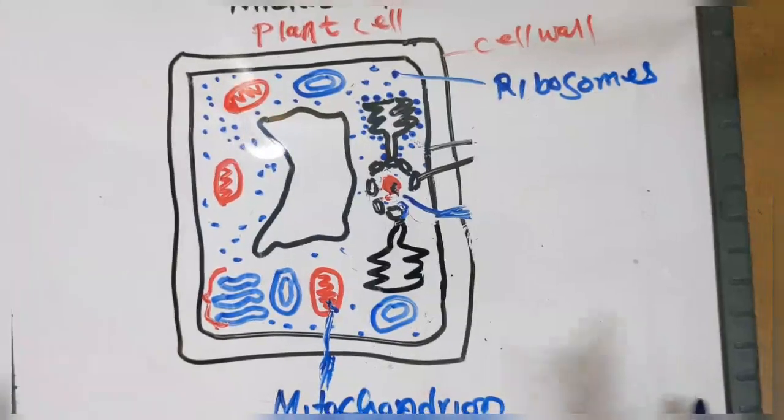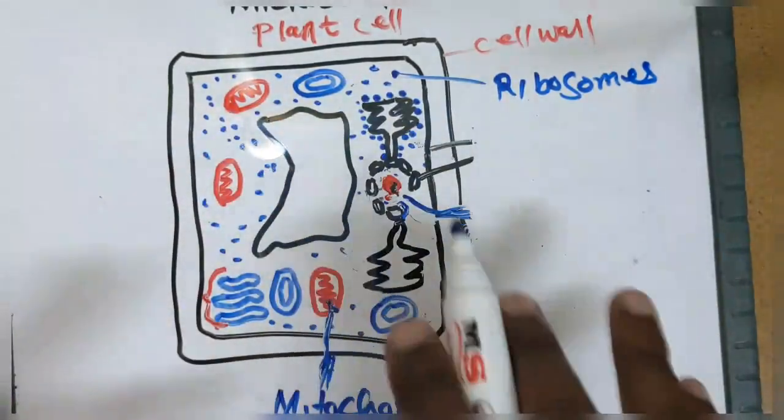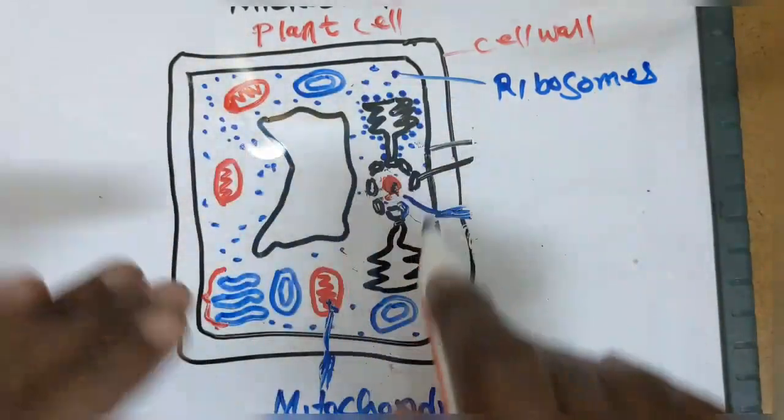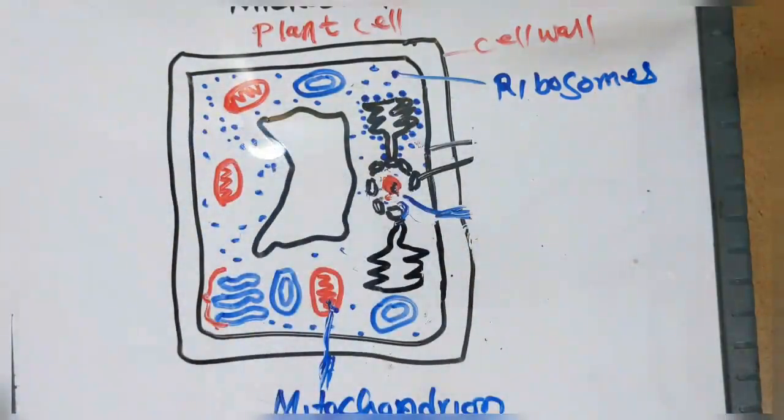Some of them float or move freely in the cytoplasm, since there is a liquid inside. They float freely in the cytoplasm, while others are attracted to the rough endoplasmic reticulum.